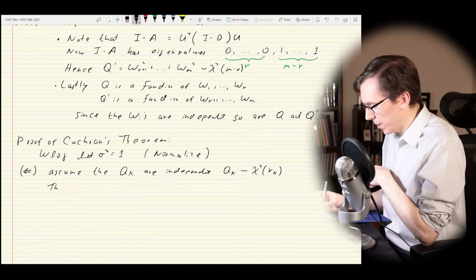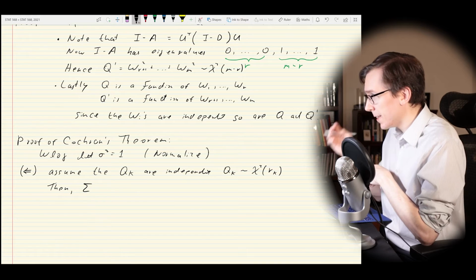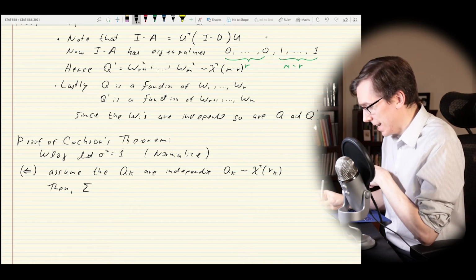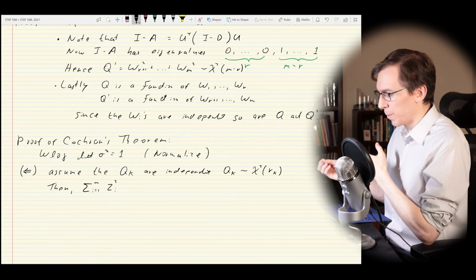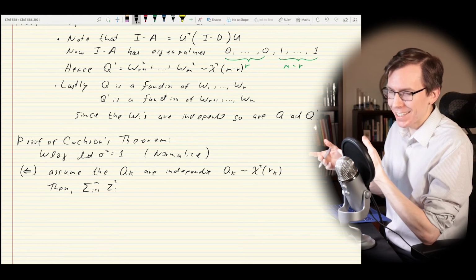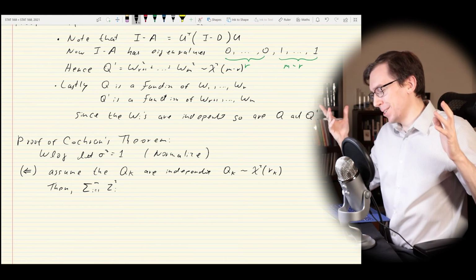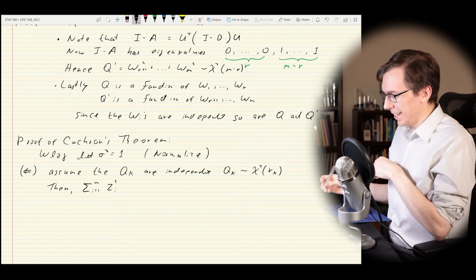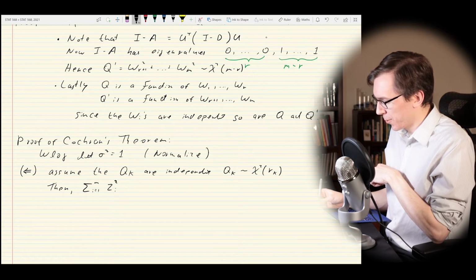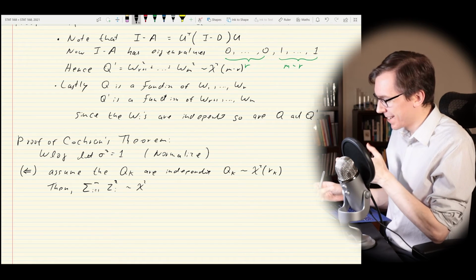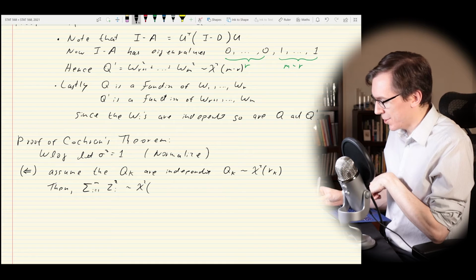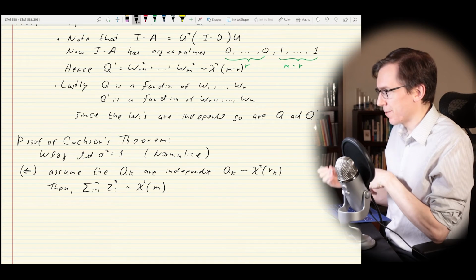Then, what do we know? Well, we know that the sum of the z_i squared, i from 1 to m, remember, these are standard normal because we're assuming without loss of generality that sigma squared is equal to 1. So in that setting, these are just a bunch of squared standard normals, and they're independent, so their sum is a chi-squared with m degrees of freedom.